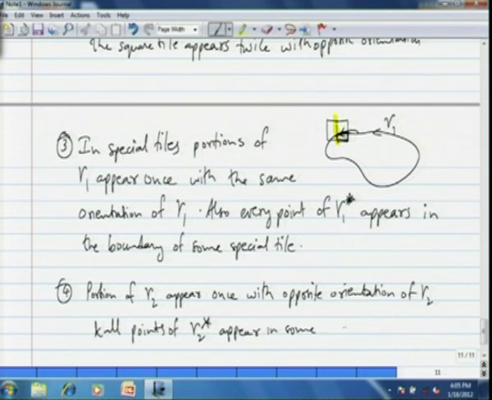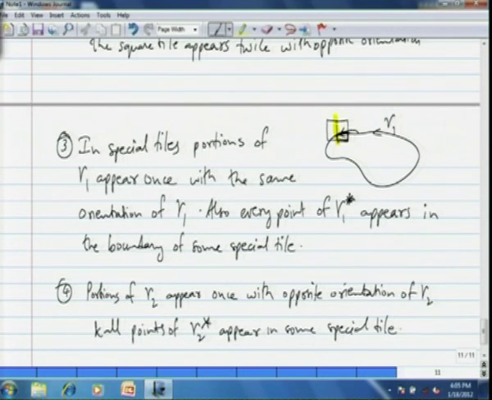So, portions of gamma 2 appear once with opposite orientation of gamma 2 in special tiles.